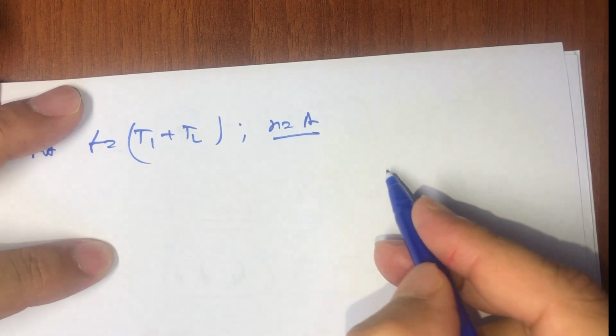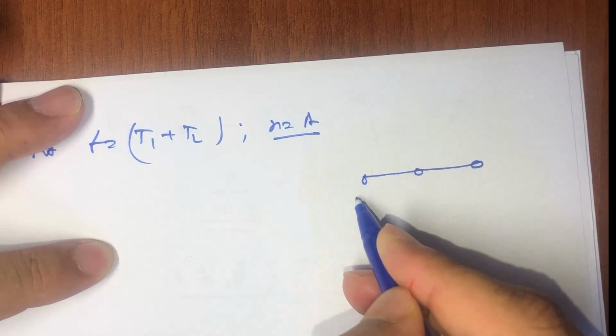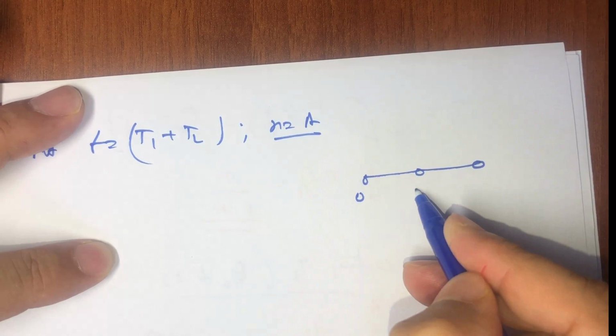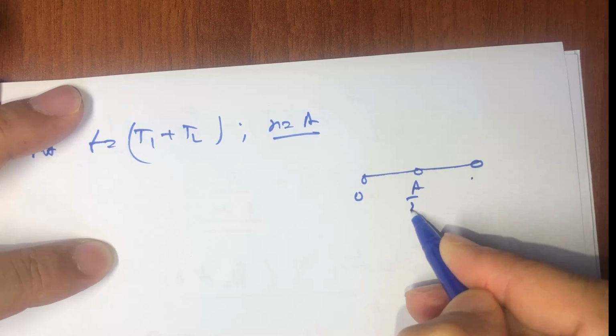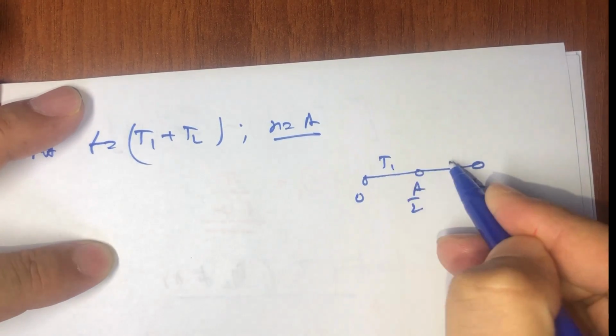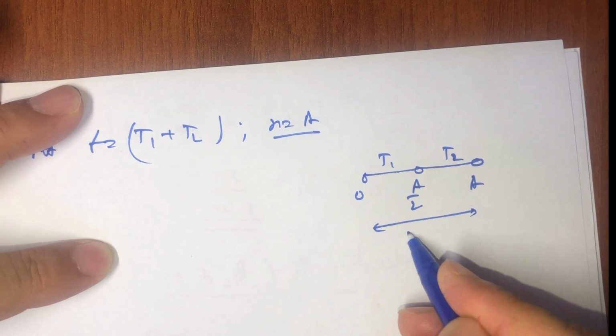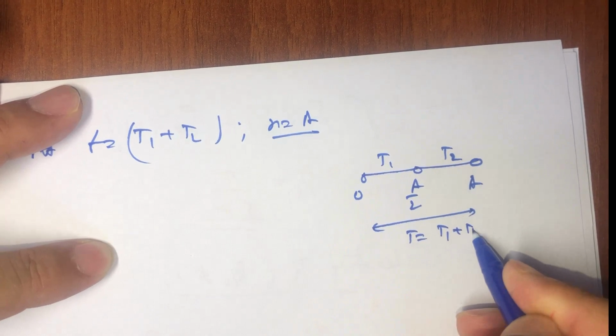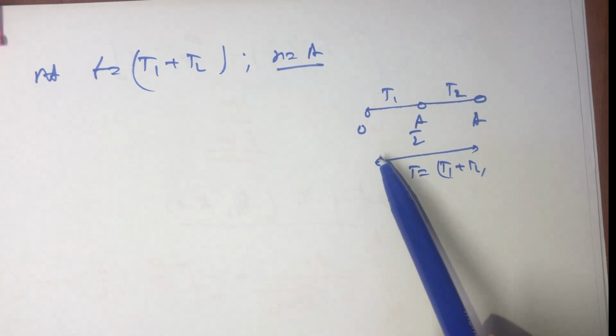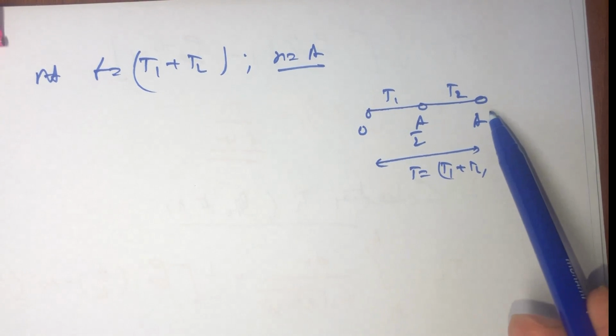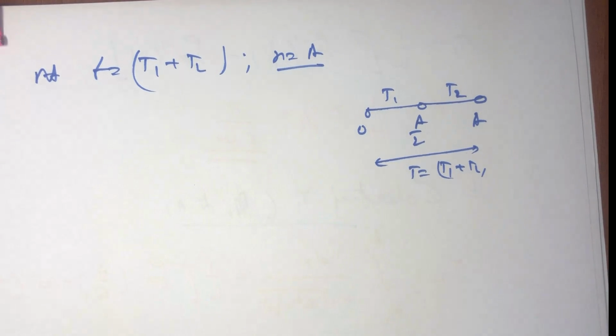Okay, let me draw it here again. So this is our origin, this is our a by 2, and this is a, t1 and t2, and total time is our t, which is equal to t1 plus t2. So when time is equal to t1 plus t2, the particle is at extreme position a.